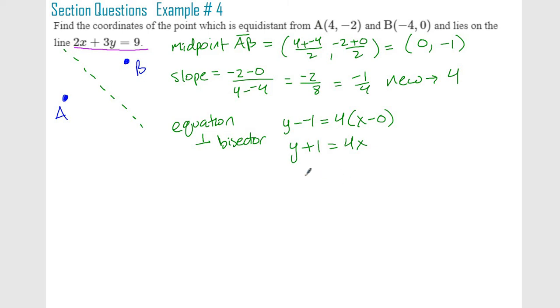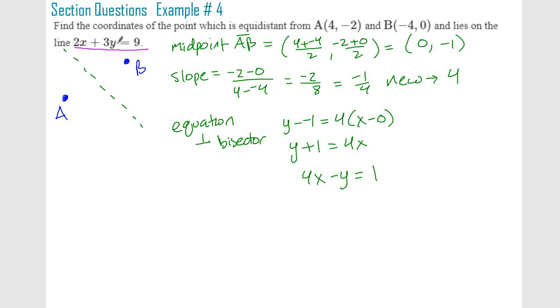Okay, if we want to put it in standard form, we could put 4x minus y minus 1 equals 0. Or it might be, let's see, I'm going to do it like this, because that's just what I want to do, because it's also similar to this.